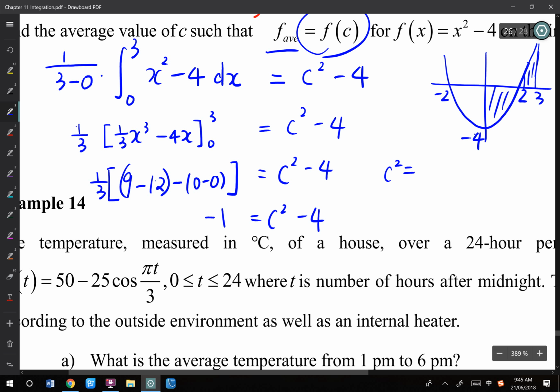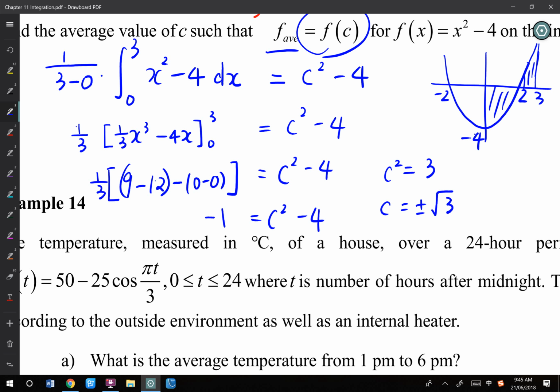C squared equals 3. C will be plus minus root 3. Okay, it makes sense? 2 x values will give you the same y value, because it's a quadratic.